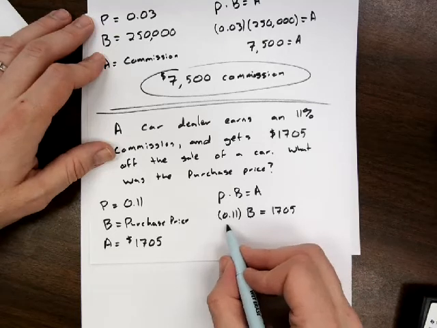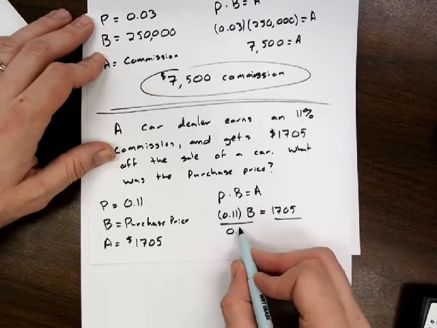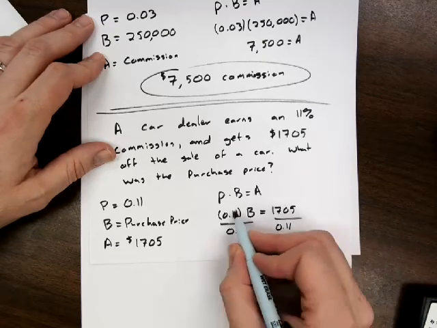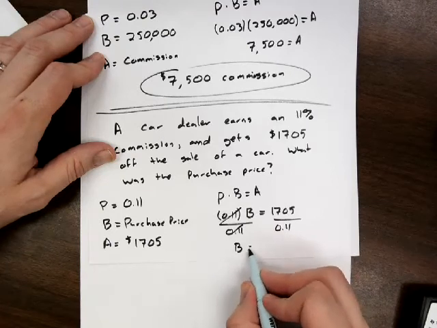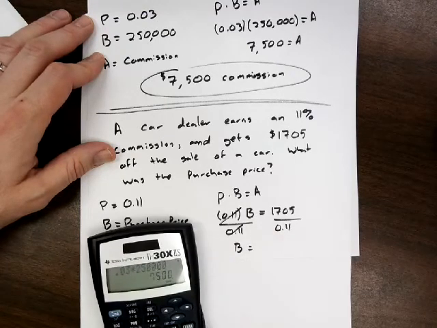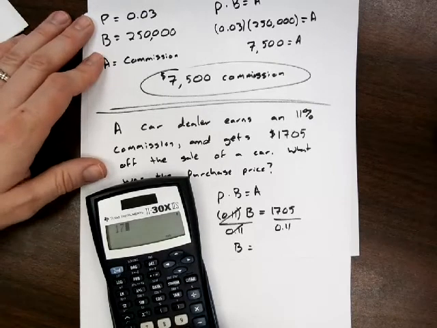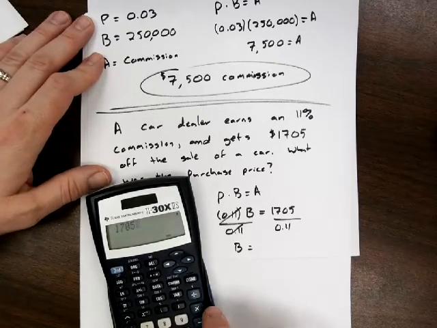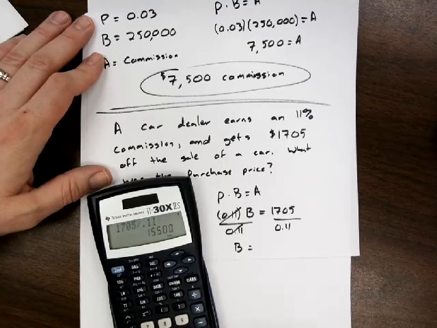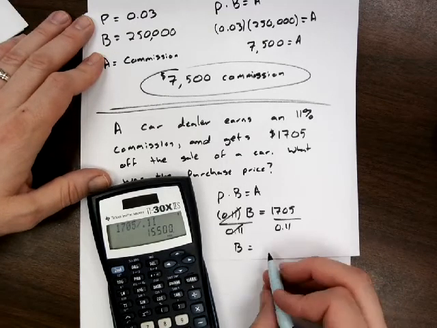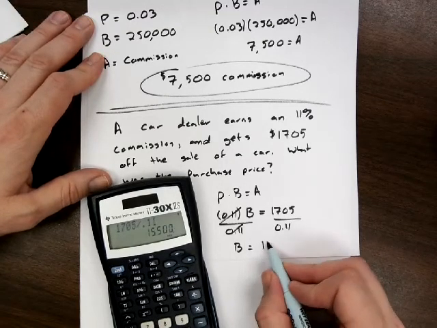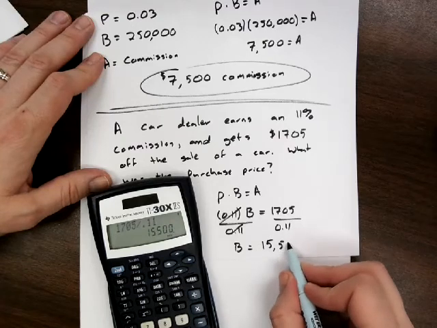Now I can take both sides of this equation and divide by 0.11. I'll end up with my base is equal to 1705 divided by 0.11. It looks like we've got 15,500.